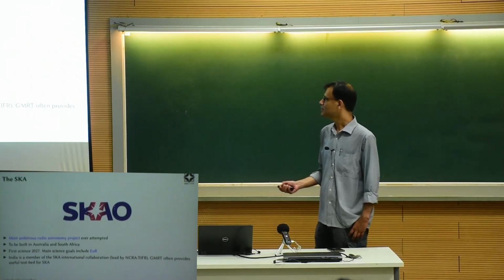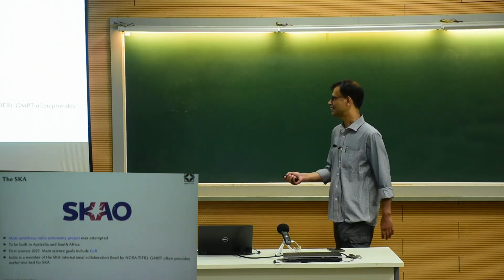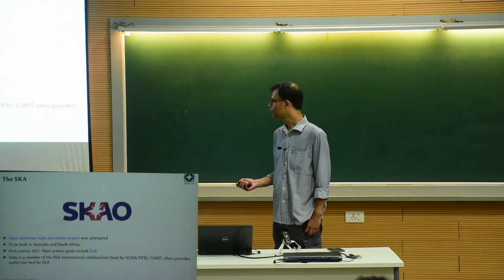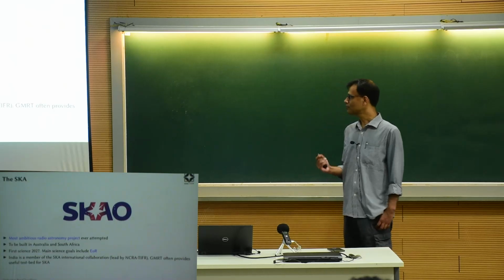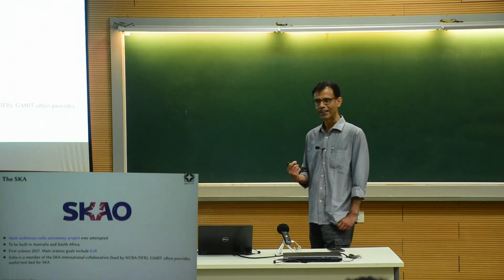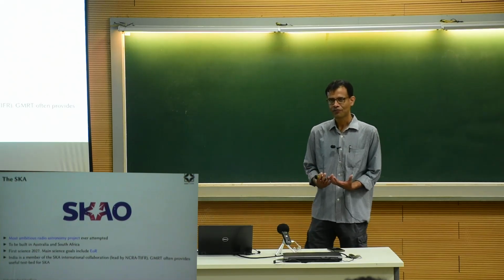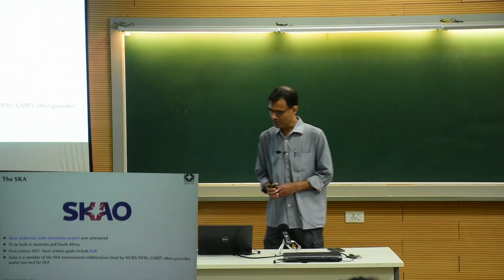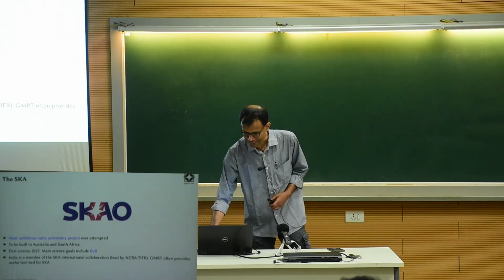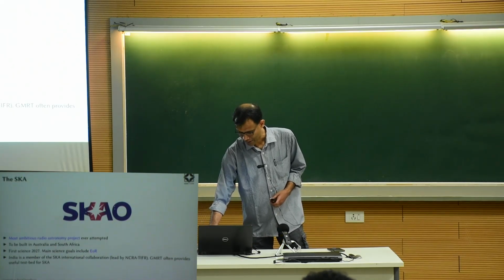India is part of this SKA international collaboration, and GMRT is one of what we call pathfinders for the SKA, so it often provides a useful test bed. Once the SKA comes up, hopefully we will have access to the telescope, being part of that, and it would be very interesting.